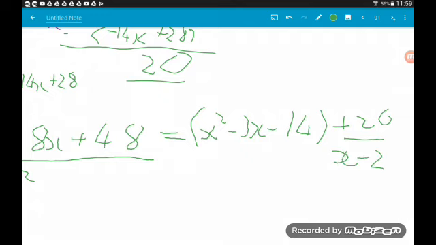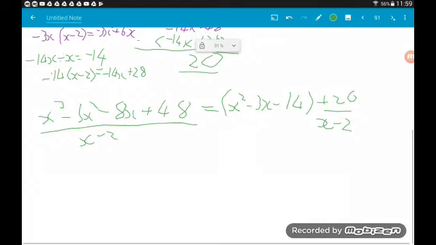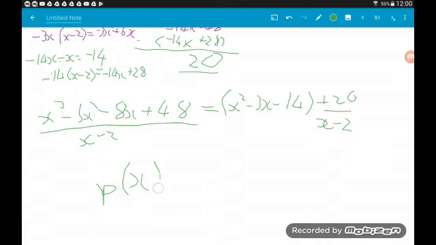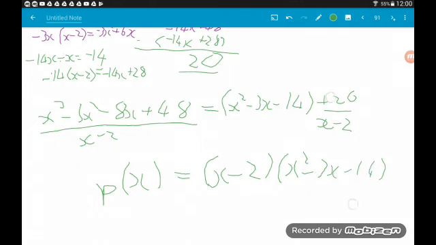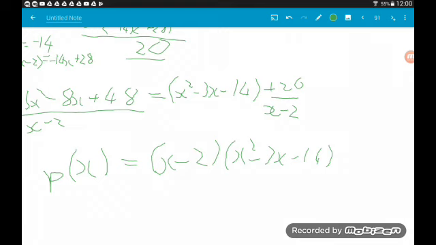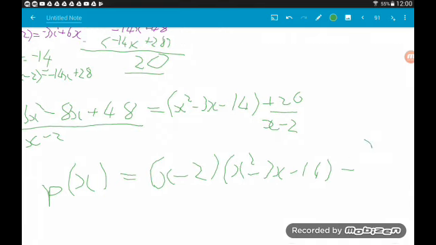If we then multiply through by x minus 2, we get p of x is equal to x minus 2 lots of x squared minus 3x minus 14 plus our remainder of 20. Okay, so that's how we can do that using algebraic division.